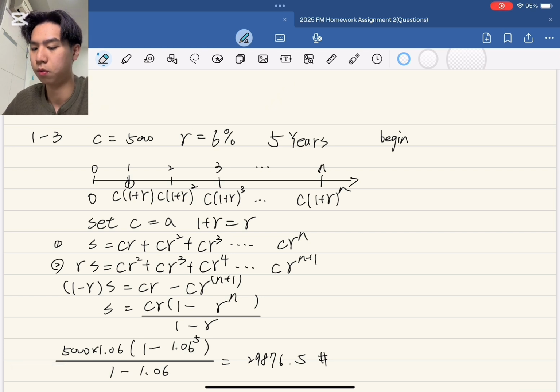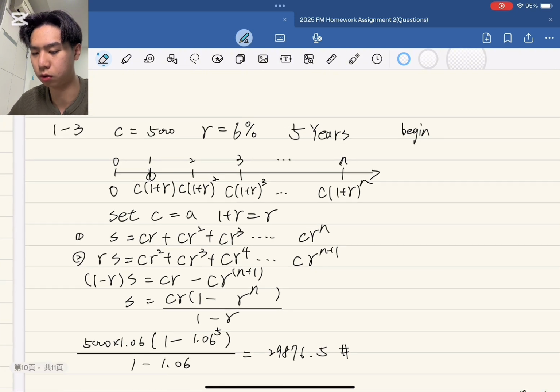And now, what's the difference between receiving the money on the first day of the year and on the last day of the year? We can use the number line to show.